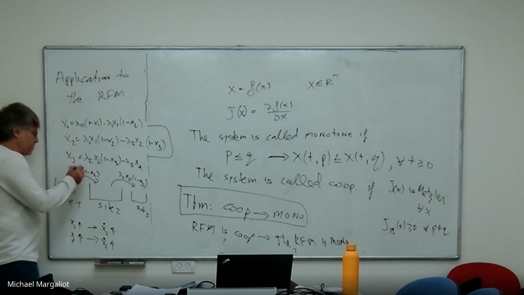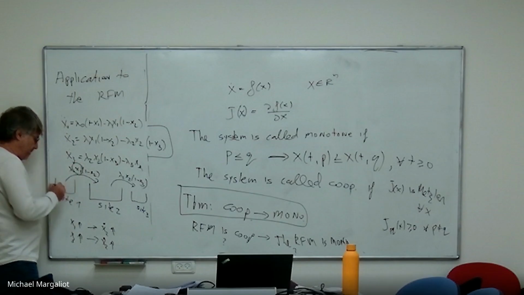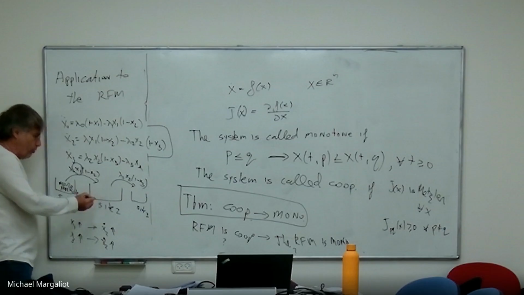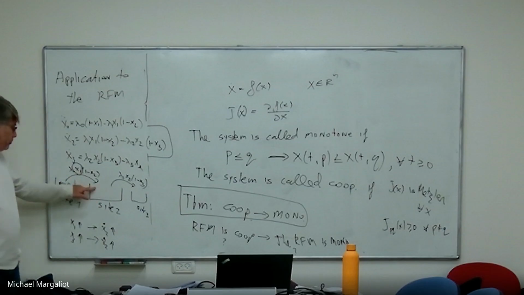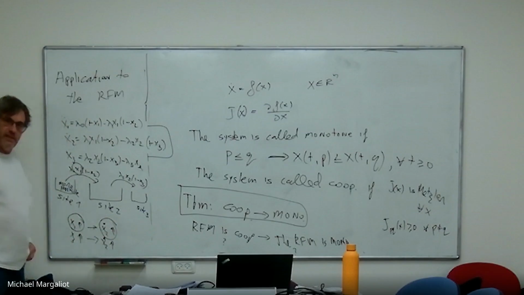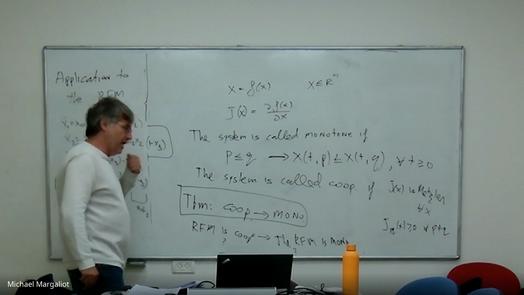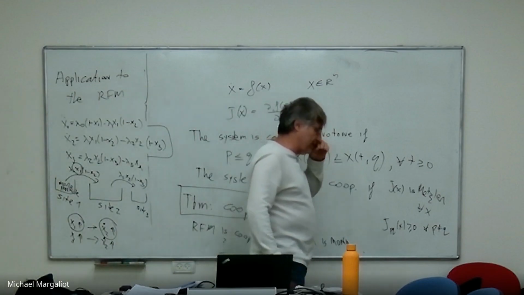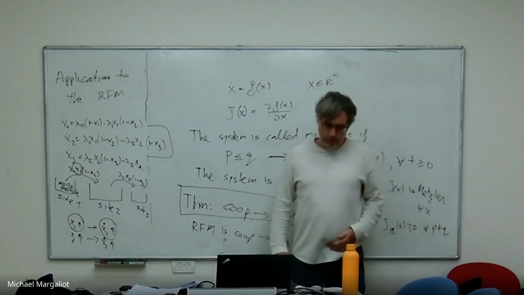If I increase x1, there are more particles here, and then there is a bigger flow into site number 2. So indeed, when I increase x1, I get an increase in x2 dot. When I increase x1, this means more particles in site number 1.